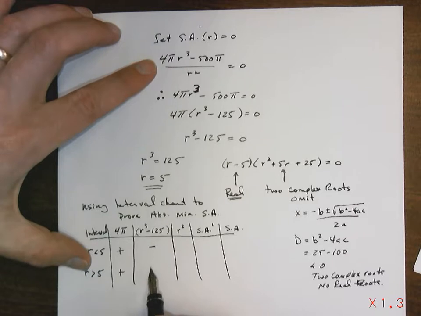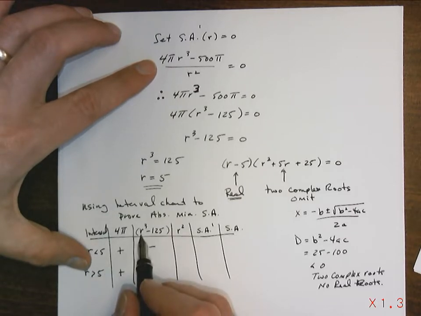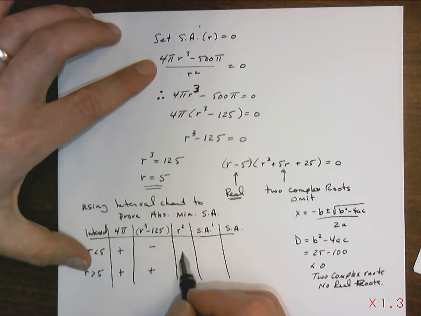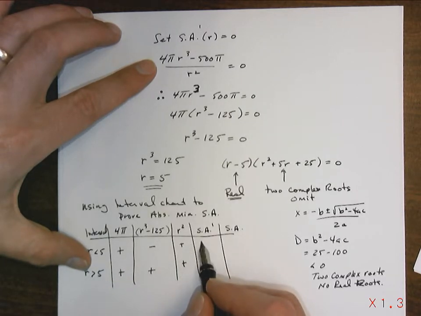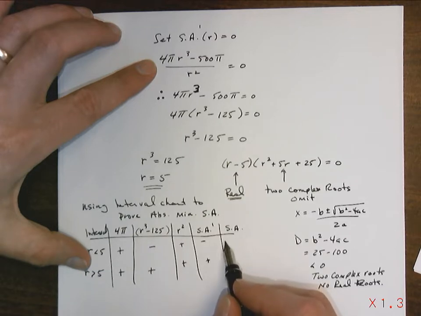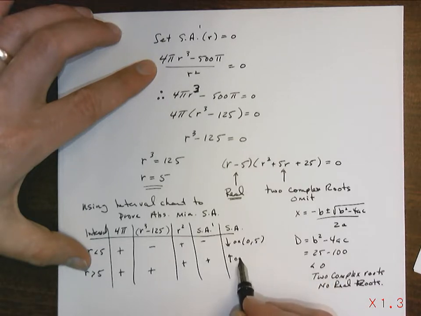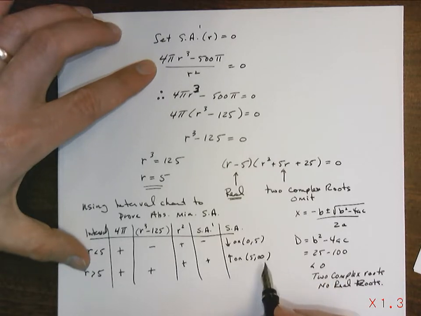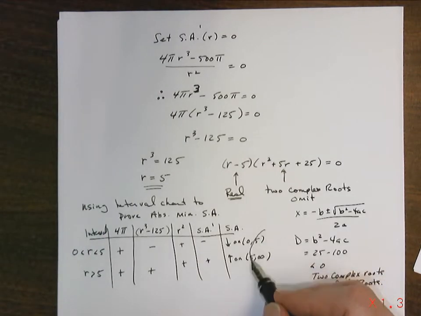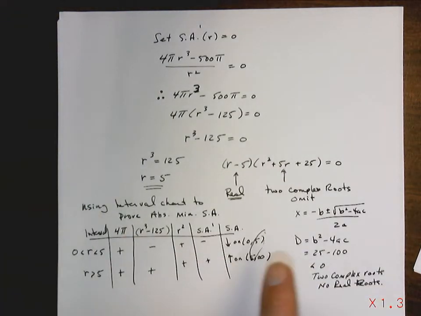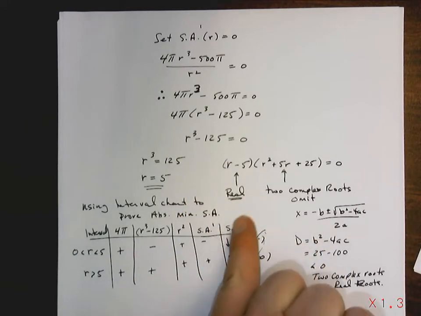Taking a value like 100, or go 10 maybe: 10 times 10 is 100 times 10 is 1,000, so that's going to be positive. The denominator will always be positive because it's squared. So negative, positive, which means that the function is decreasing on 0 to 5, and it's increasing on 5 to infinity, which means you have going down and then up.